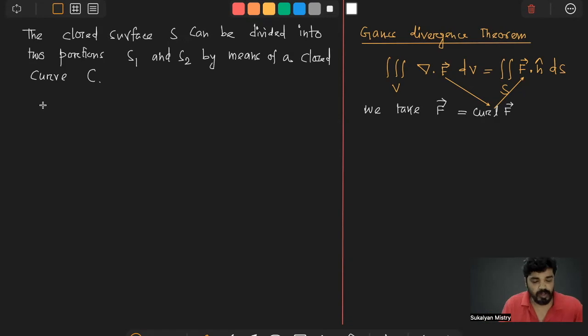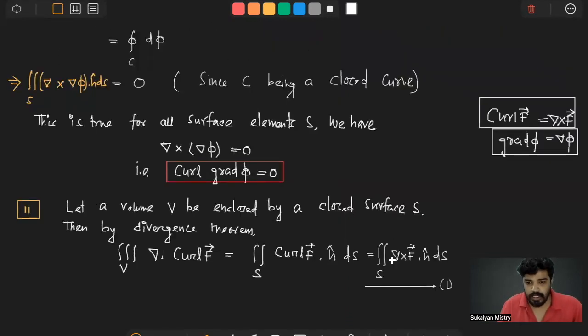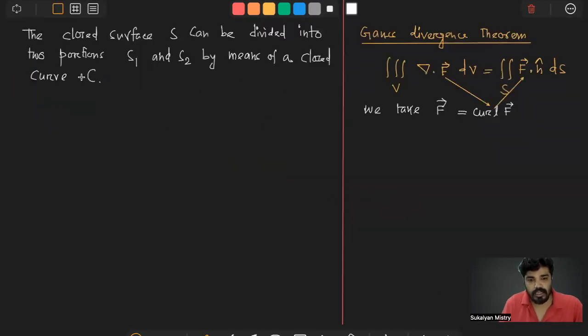So therefore, what do we get? The double integral over S of del cross F dot N dS is divided into two portions, S1 and S2.